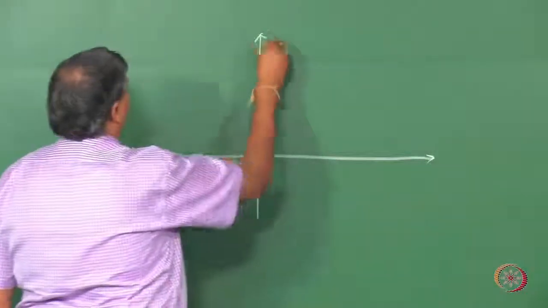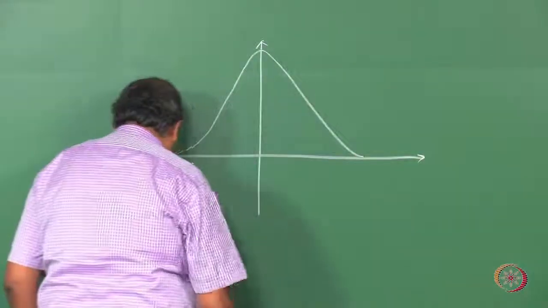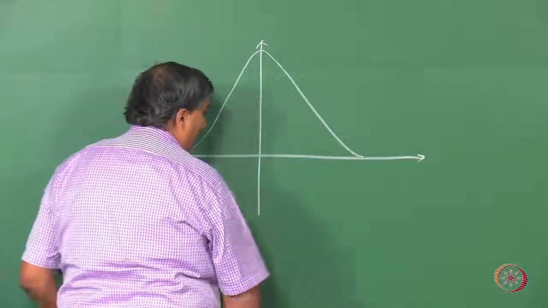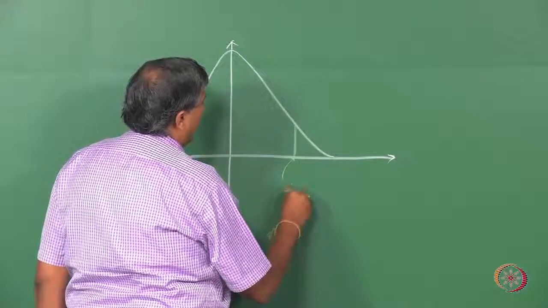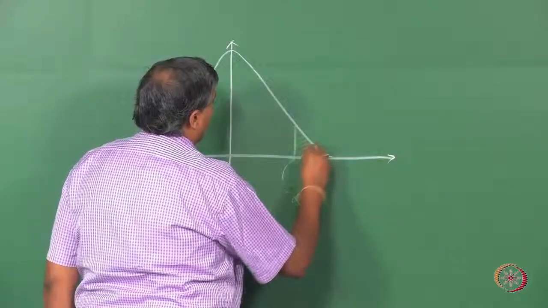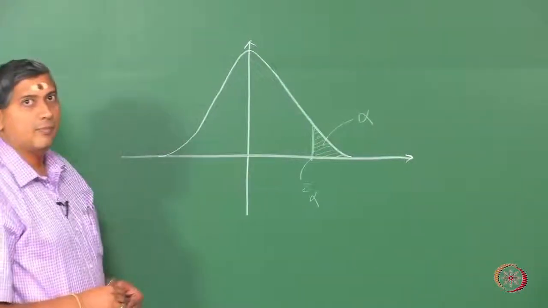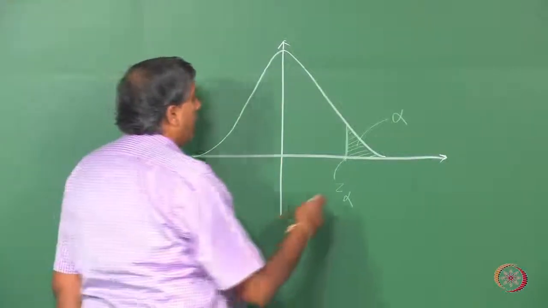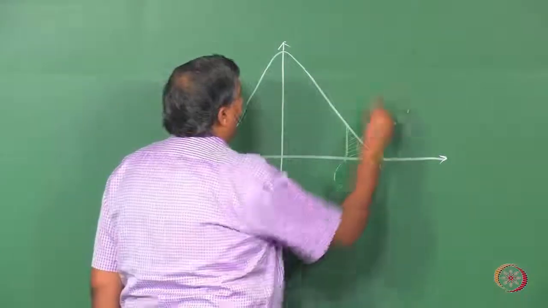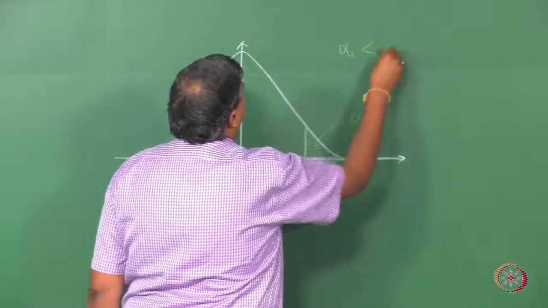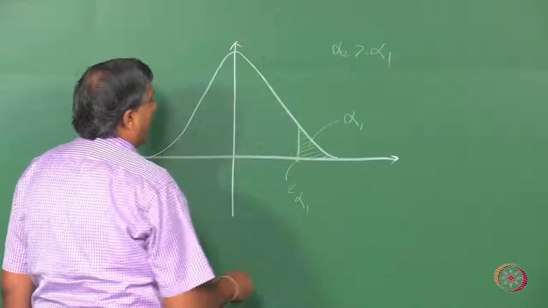So, here we have a standard Gaussian distribution, and here is, let us say, your Z alpha initially. We know that the area to the right of Z alpha is alpha. Now, this is alpha 1 and now I choose alpha 2 such that alpha 2 is greater than alpha 1, and let us call this Z alpha 1.